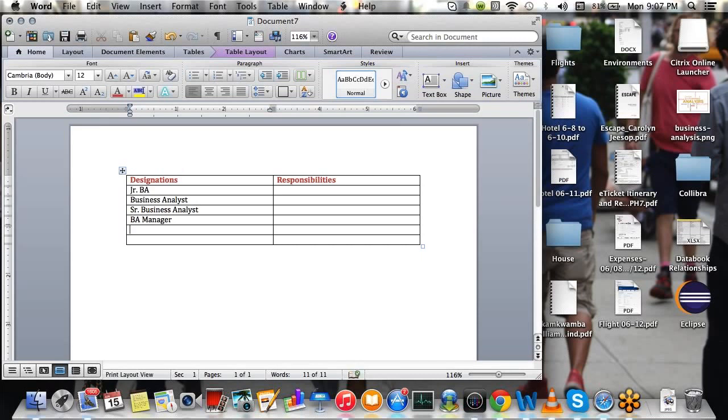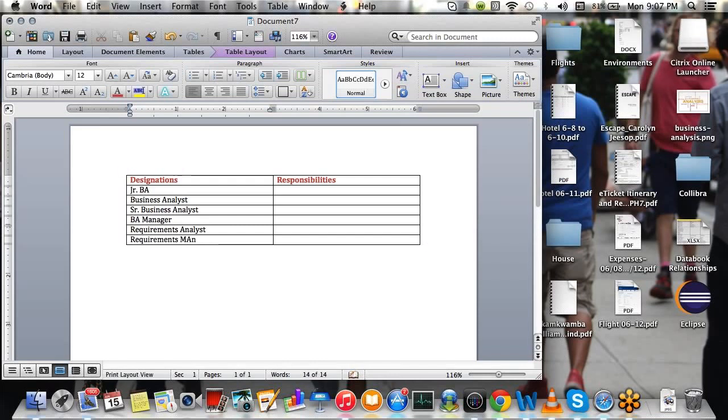These are a few designations in general you're going to see in most organizations. Apart from it, we have something called requirements analyst. If you have a requirements analyst in your project, then you have a manager who manages the requirements analyst.